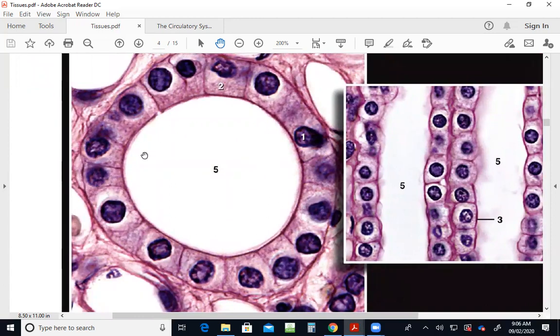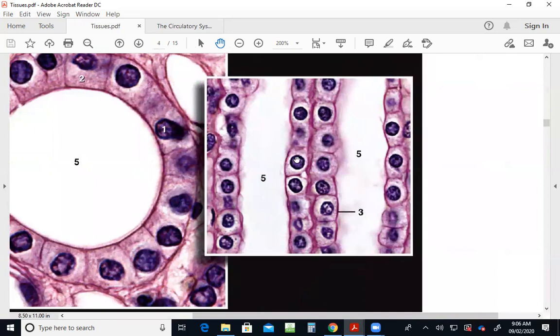This hollow space is where we will be filtering urine and forming that urine. That's enclosed by that simple cuboidal layer of cells. You can see nice and cube-shaped, one layer thick.